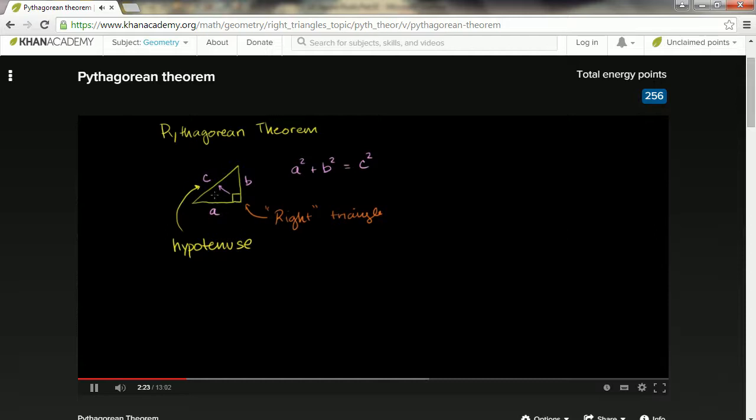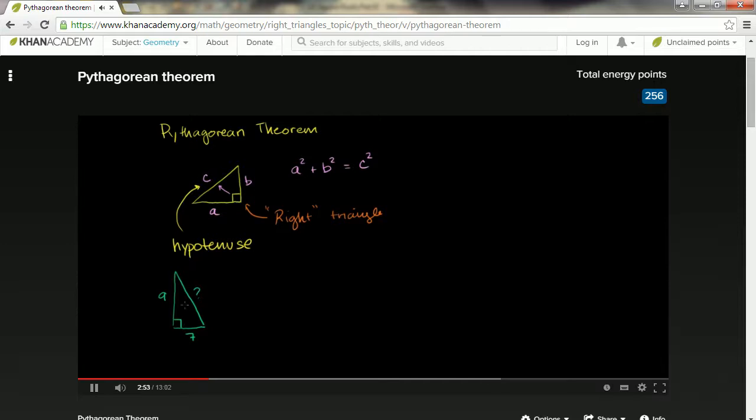Now that we know the Pythagorean theorem, let's actually use it, because it's one thing to know something, but it's a lot more fun to use it. So let's have the following right triangle. Let me draw it a little bit neater than that. This side over here has length 9, this side over here has length 7. And my question is, what is this side over here?